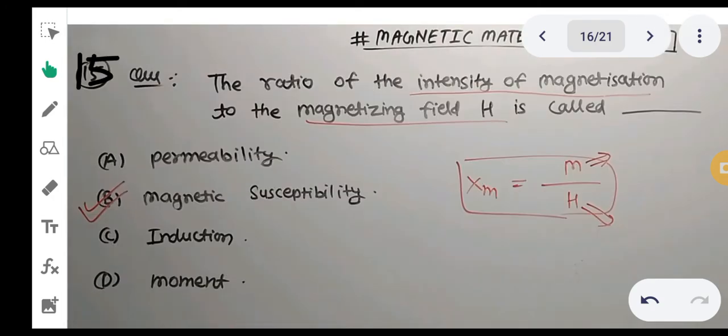So question 15. The ratio of the intensity of magnetization to the magnetic field H is called the magnetic susceptibility.